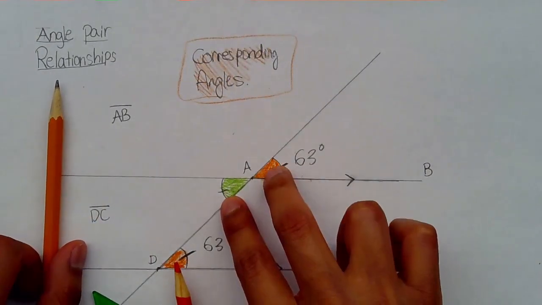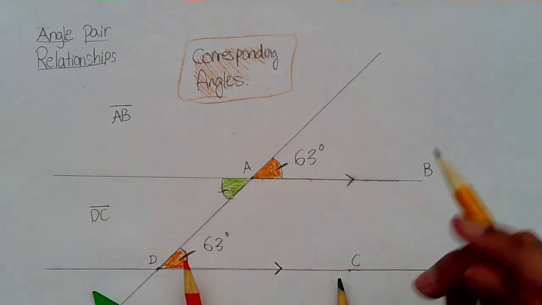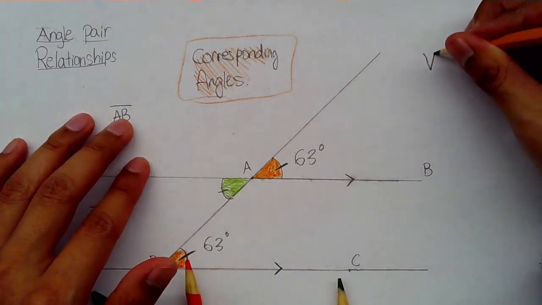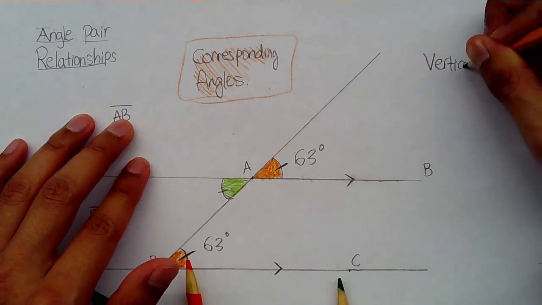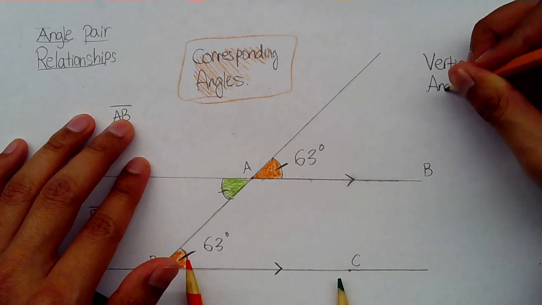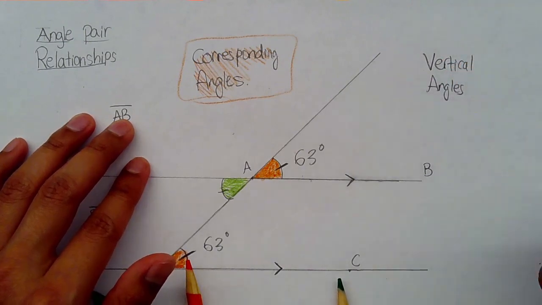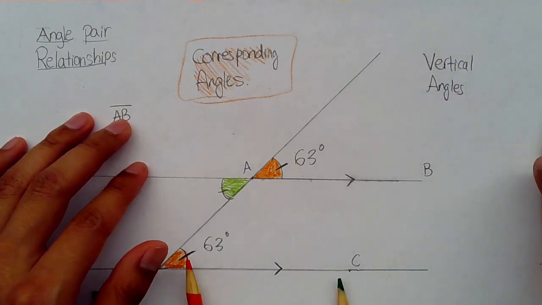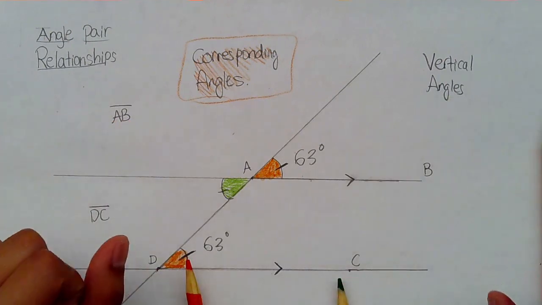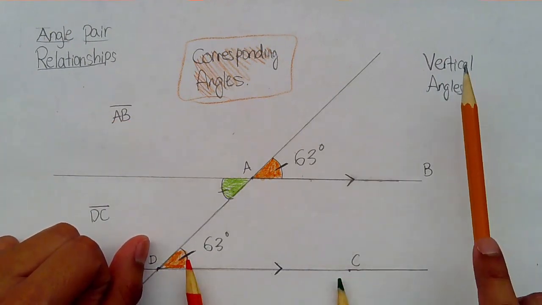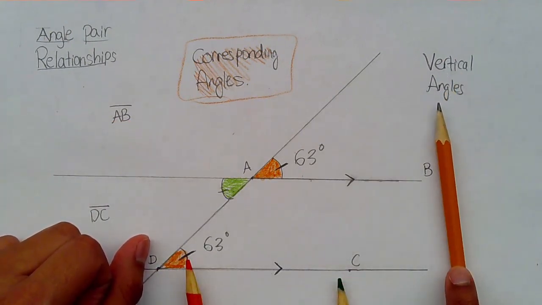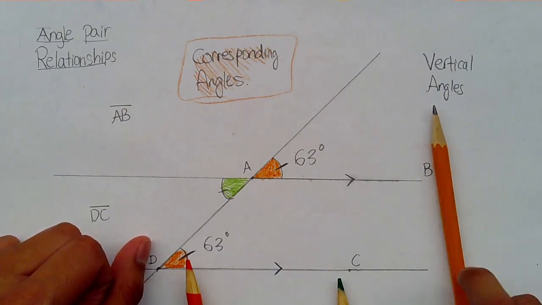This new angle pair relationship that we've got going on will have a new name, vertical angles. Another old-fashioned term for these is angles across an intersection point, or angles across a vertex.